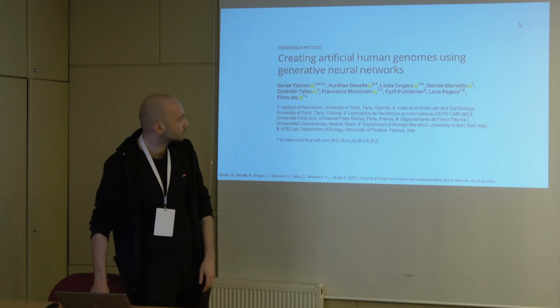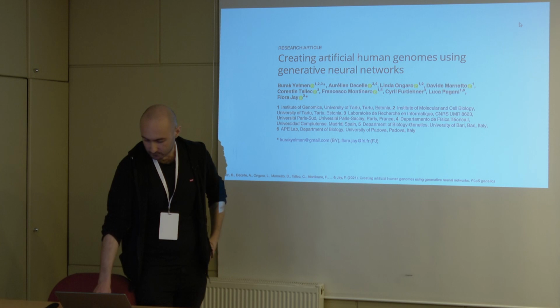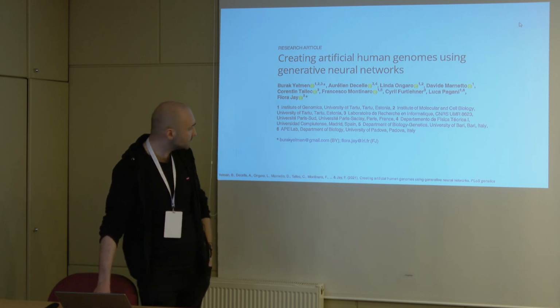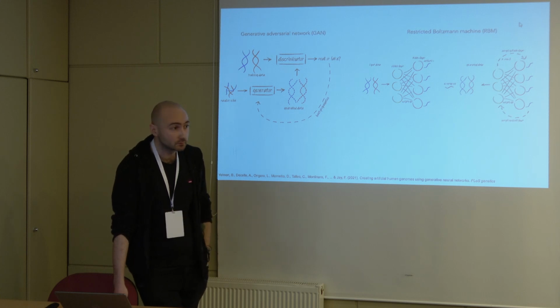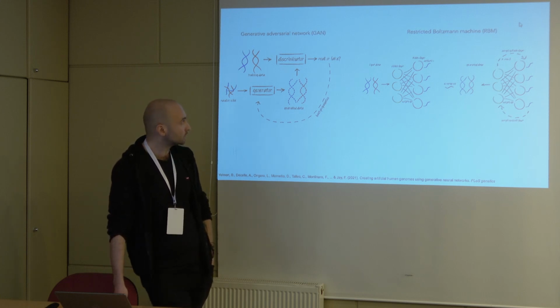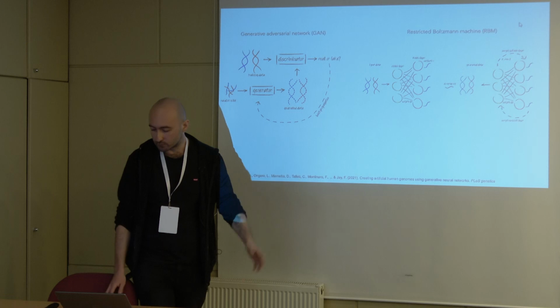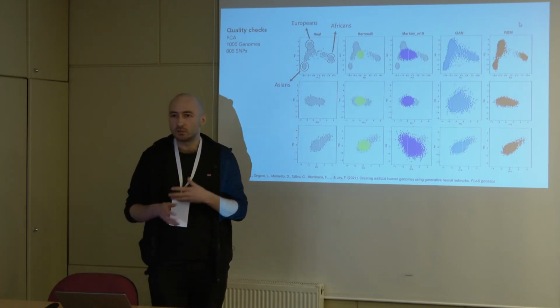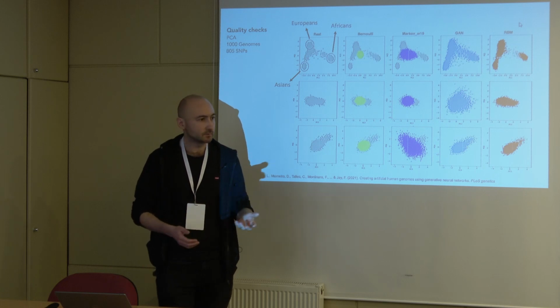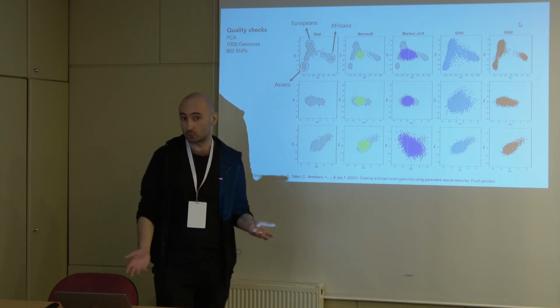Okay, so in 2021, we published our initial research, and there we used generative adversarial networks and restricted Boltzmann machines to create artificial genomes. I won't go into details here how these work, but what we did was we generated artificial genomes and we tested them in terms of many quality metrics.